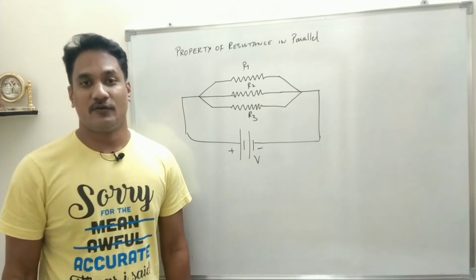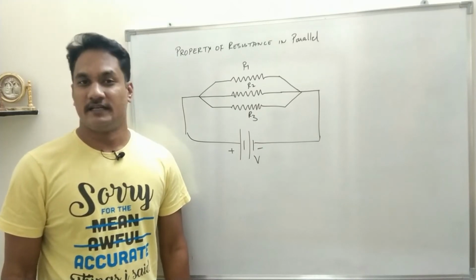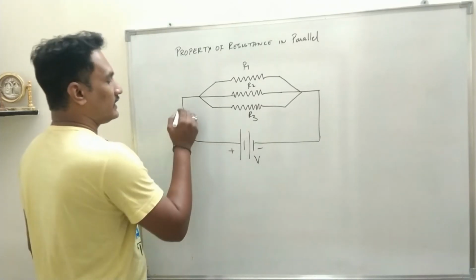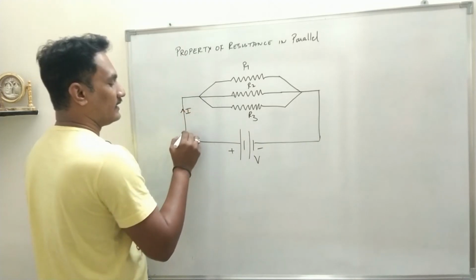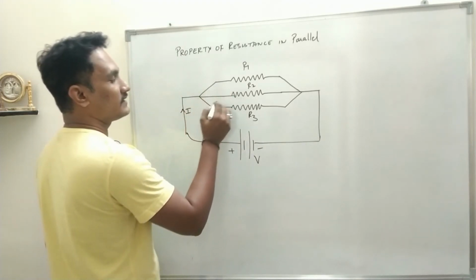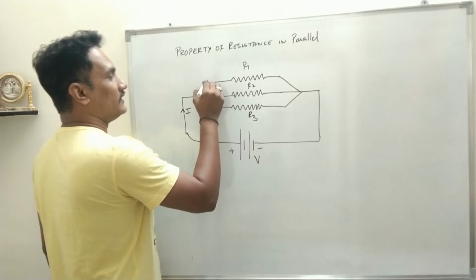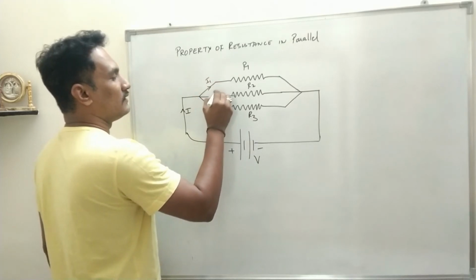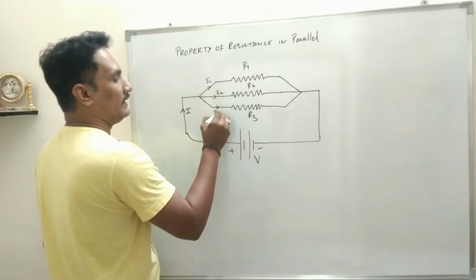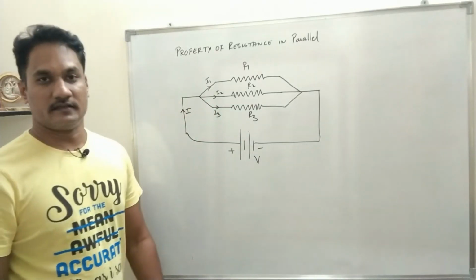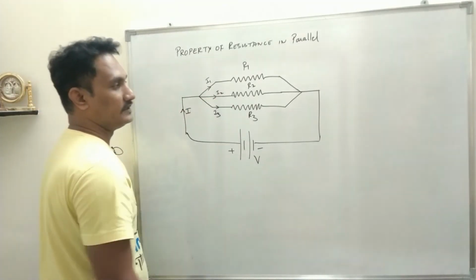The current flowing through the resistances will distribute. Let the total current flowing in the circuit be I. Now what happens is, when the resistances are in parallel, the current will distribute as I1, I2 and I3. The current will distribute in this way.